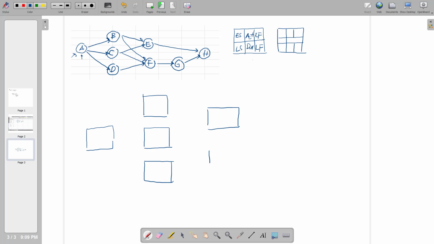This is the most instant and the easiest way for you to do the calculation on PDM. This is G, and I will put activity H over here. I'm going to change it into 6 boxes.